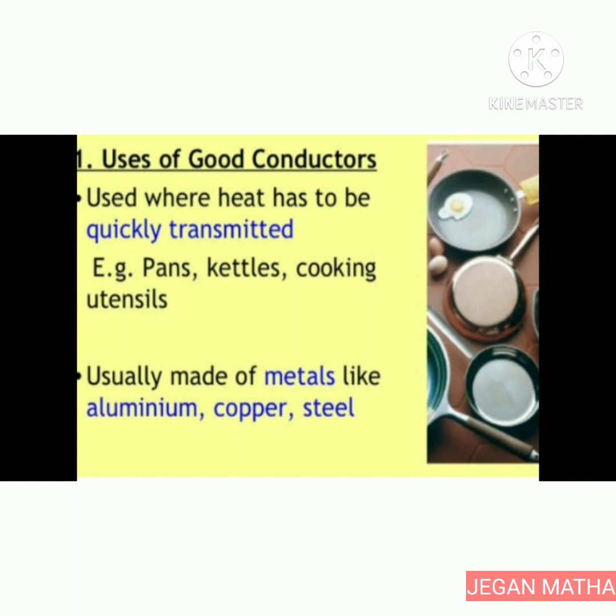Good conductors are used where heat has to be quickly transmitted. For example, pans, kettles and cooking utensils are usually made of metals like aluminium, copper, steel, etc.